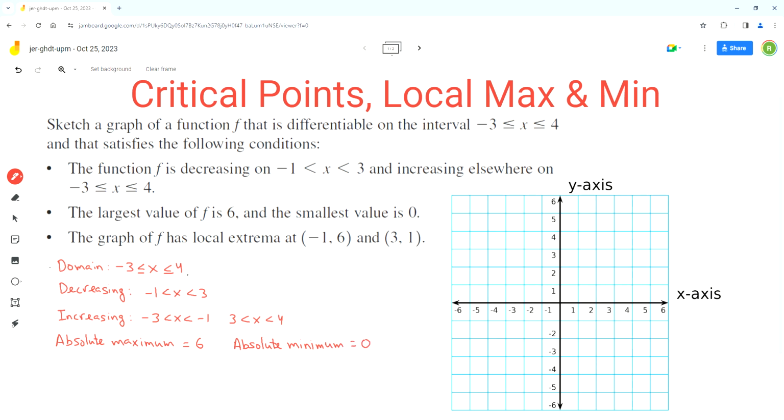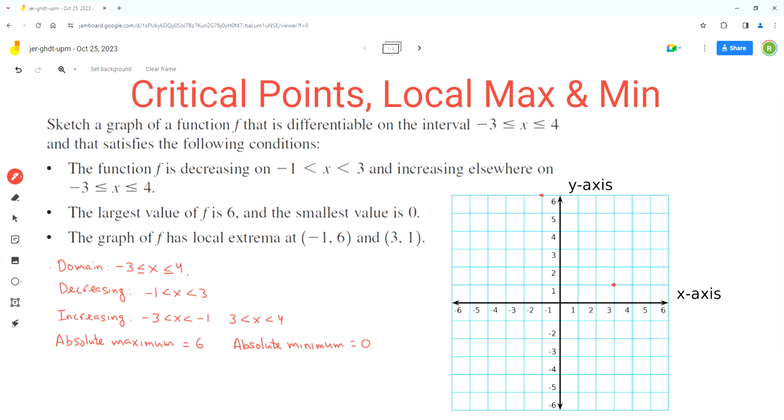Now we are also given the local extrema at (-1, 6) and (3, 1). So the first step is to plot these two extrema points because these points also lie on the function. So the first point is (-1, 6) here and the other one is (3, 1) here.